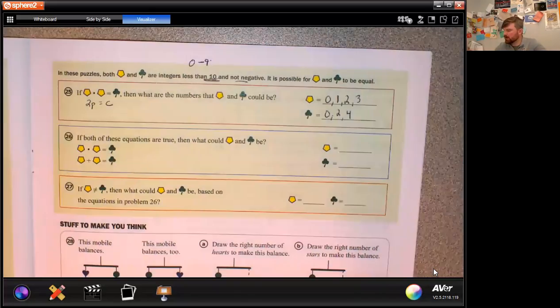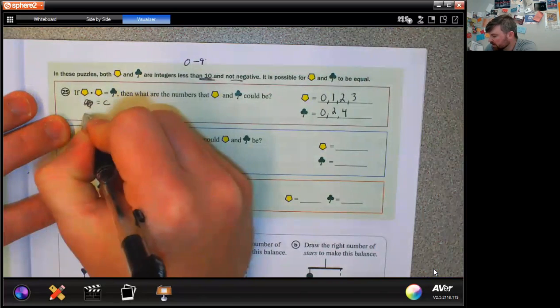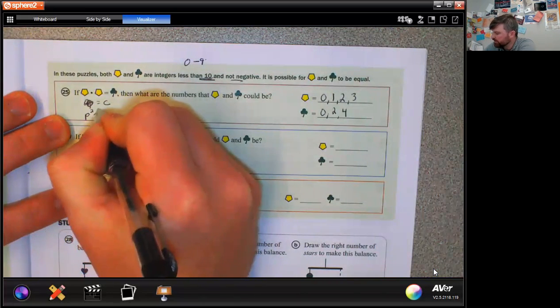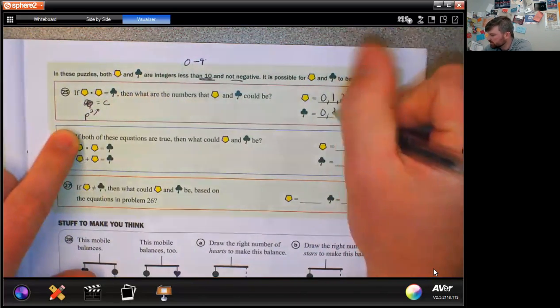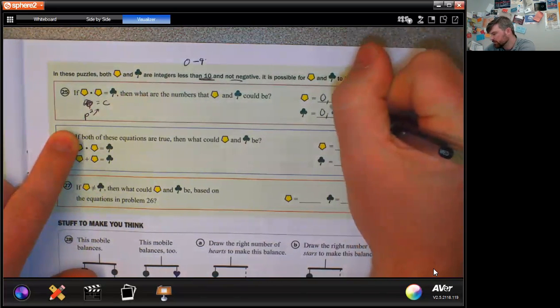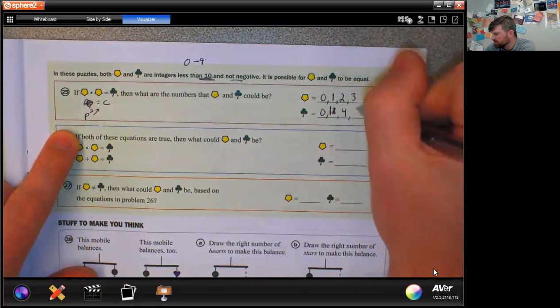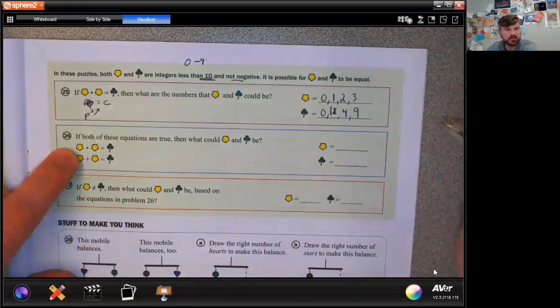Oh, I'm sorry. I messed up. It's not 2 times pentagon. It's pentagon times pentagon. That's pentagon squared. Okay, so that's still 0. This is 1. 2 squared is still 4. 3 squared is 9. That's my fault. I did that the other day too.